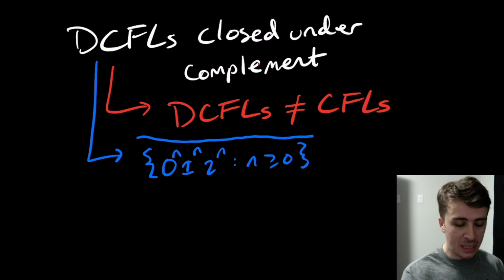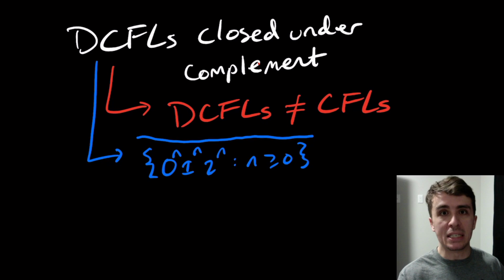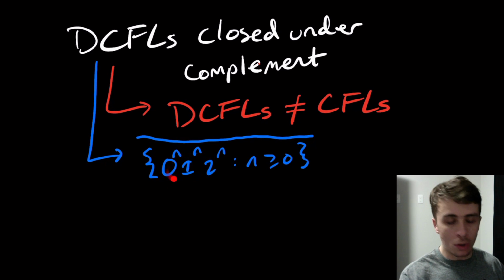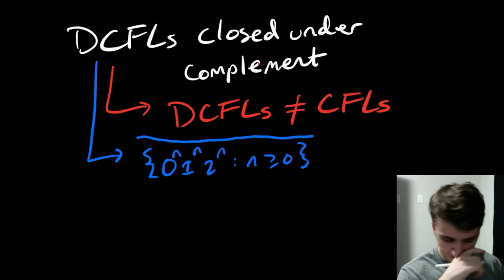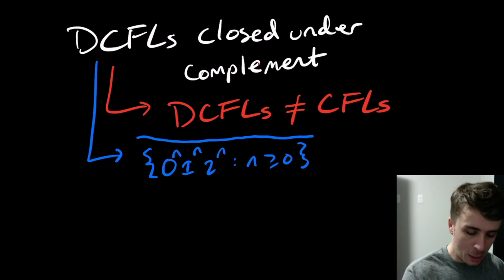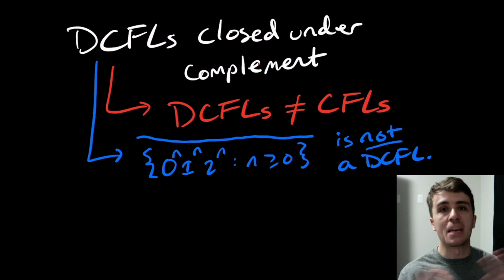So this tells us that the complemented language is not a DCFL, because if it were, then its complement would also be a DCFL, but the original language is not even context-free, which includes DCFLs. So this language right here is not a DCFL. Okay, so there's no deterministic PDA for this.